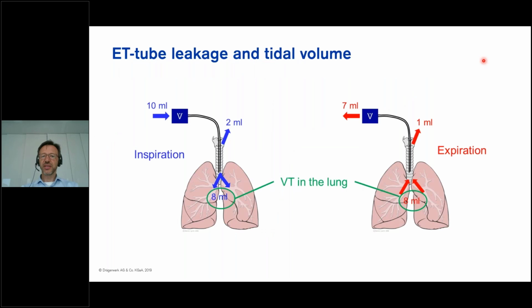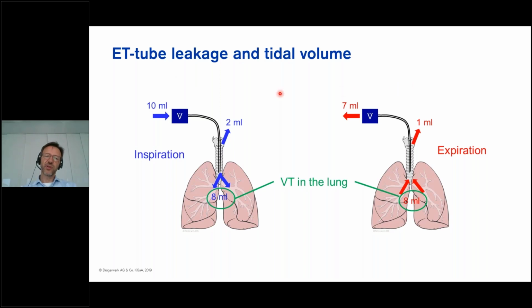However, in the newer devices we have a new function called leak compensation. This is related to the influence of the leak on tidal volumes. I have two pictures here. On the left side, we see a picture during inspiration, and on the right side, a picture during expiration.